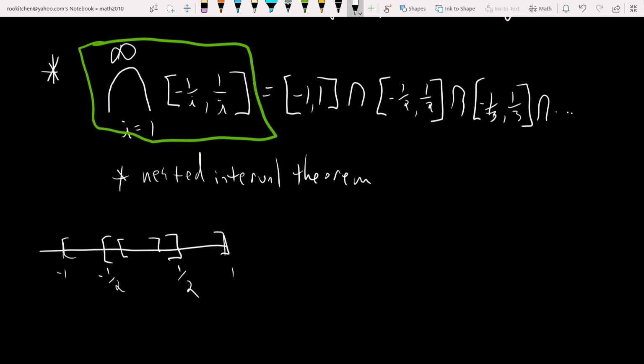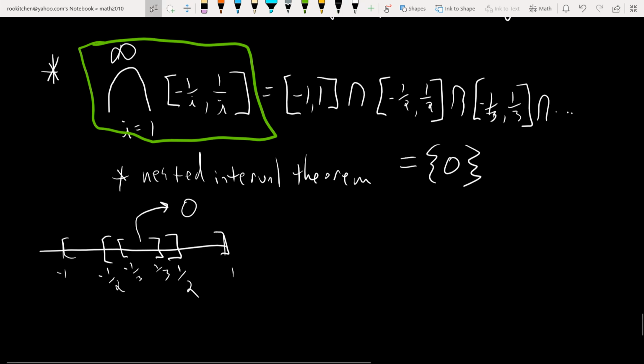And then here's [-1/3, 1/3]. There's going to be one number that gets smushed in there, and at this point you will have to guess what that number is. I hope it's obvious. The number that is in the intersection is just 0 in this case. So you would write the set containing 0. I don't think that she talks about it in the book, but that's what it's about.